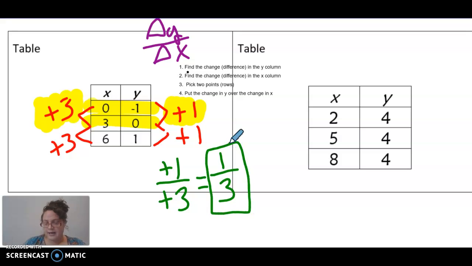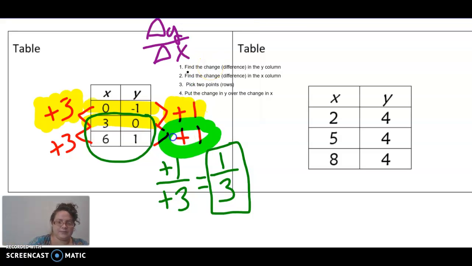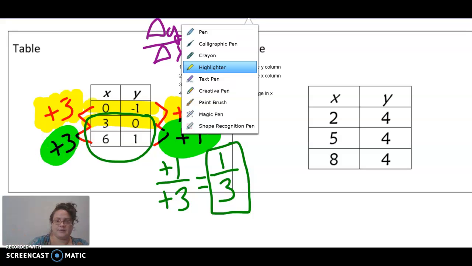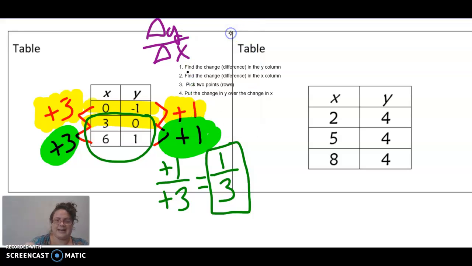I do want to point out that you can pick any 2 rows and we will still get the same answer. For example, if I would have picked these 2 rows instead, I would have been looking at +1 and +3, which ends up being the same thing, +1 over +3.